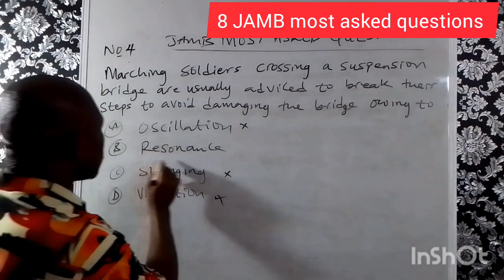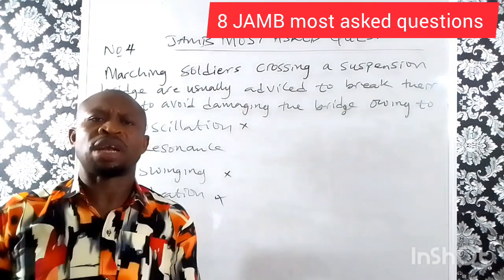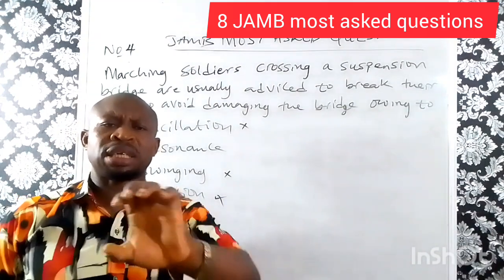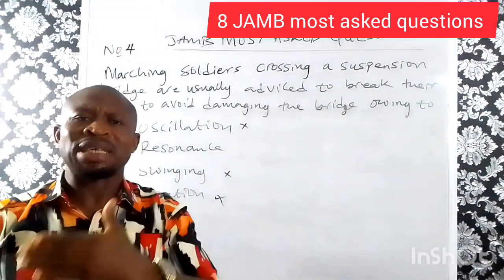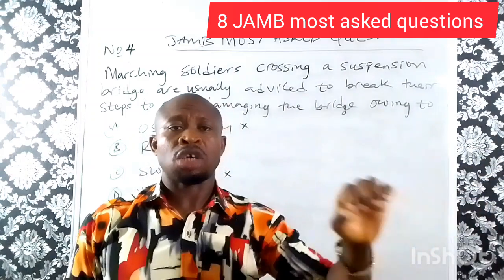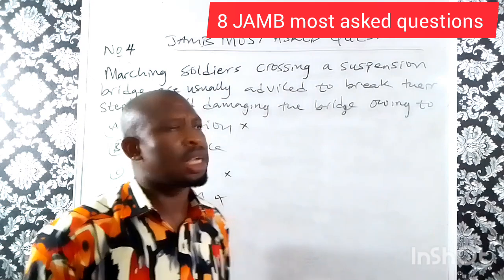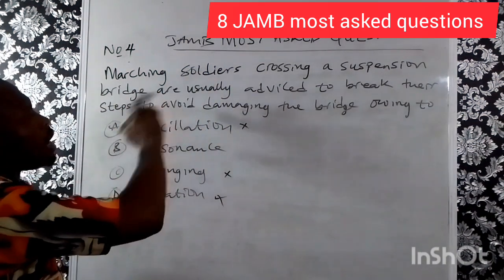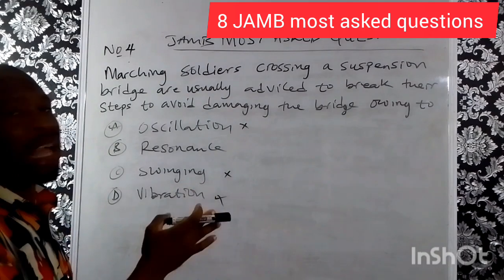Now, let us take a look at resonance. What is resonance? Resonance occurs when one body sets another body into vibration so that it starts to vibrate at its own natural frequency. In this case, the marching soldiers are advised to break their steps.